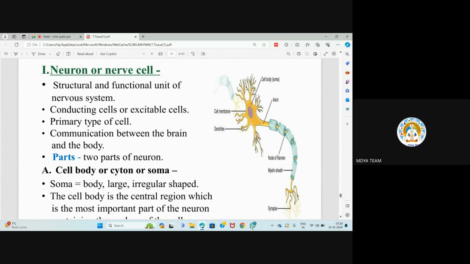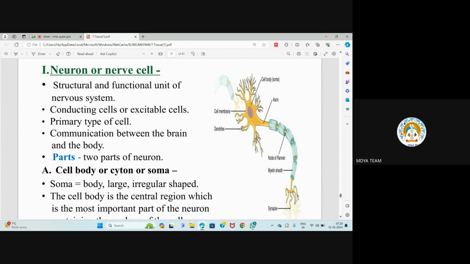Conducting cells or excitable cells. It means neurons are conducting cells and excitable cells. They are the primary type of cell for communication between the brain and body. Yes, it's easy. Neurons communicate between brain and body because the brain is the central nervous system and the body is the peripheral nervous system.